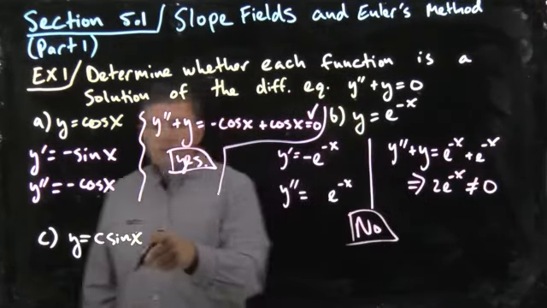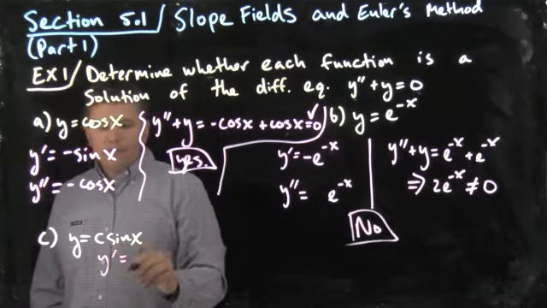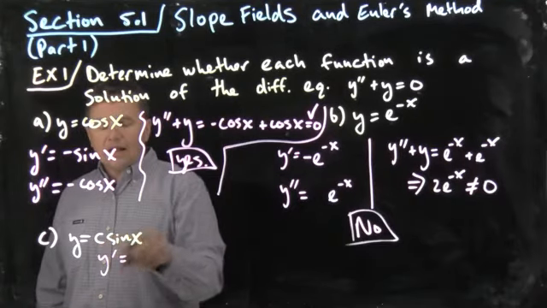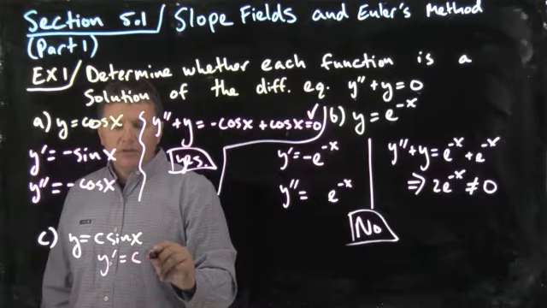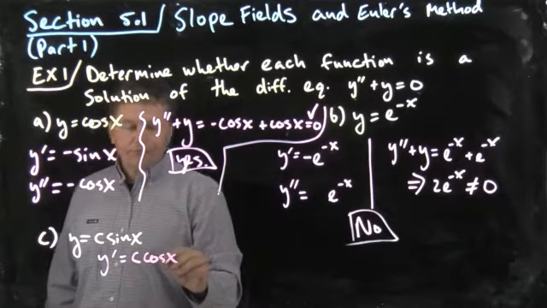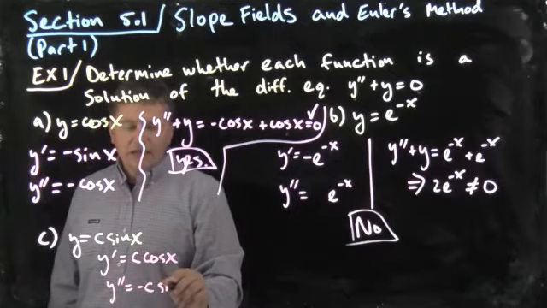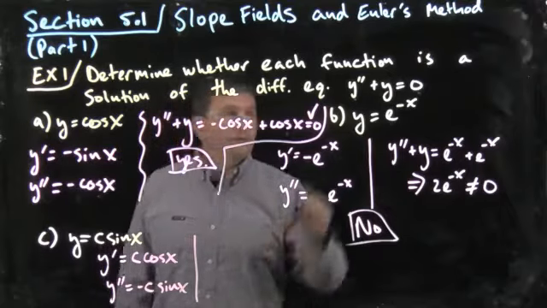Okay, let's come down here. y prime is equal to, this c is just a constant. Use that constant multiple rule. We'll just keep that out front. That'll be c cosine x. Take the derivative of this, y double prime is equal to negative c sine x. And then one more time.